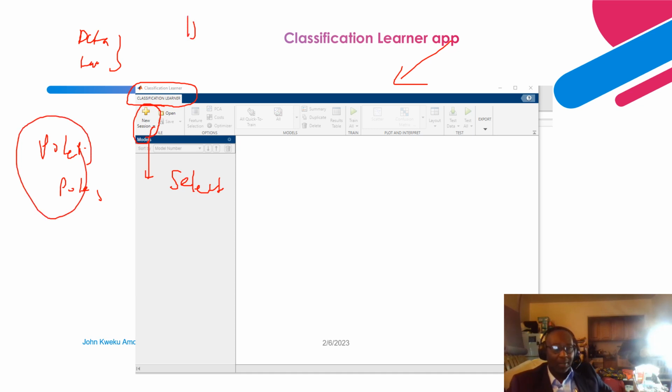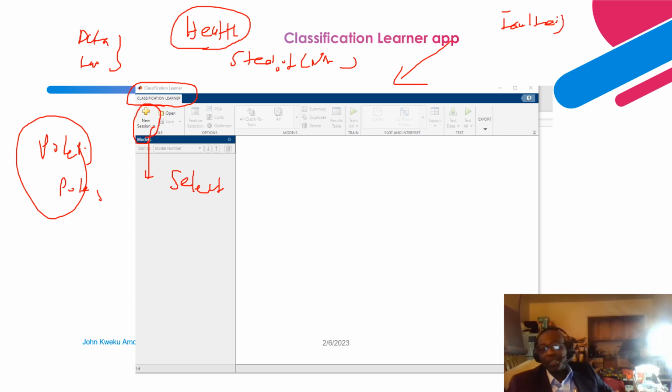Then you have healthy data. In my situation, my healthy data is steady state operation, the non-faulted state. The faulted states can be broken down into different categories, I've seen close to about 10 categories.